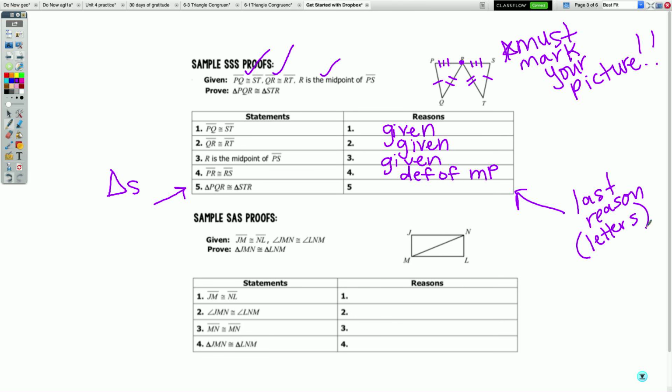So you have the picture here. What's the only thing that we marked? 3 sides, so this would be side, side, side. So that is our reason. Again, you don't know that unless you mark your picture, so it's really, really important that you mark your picture.